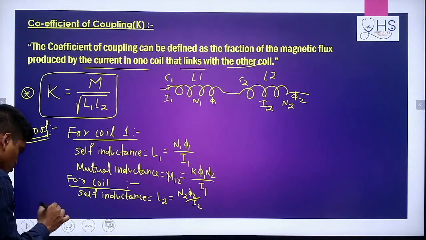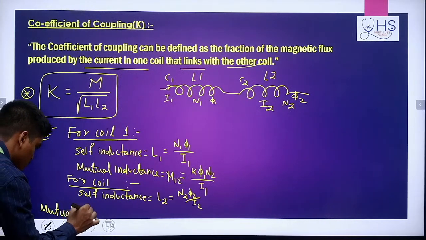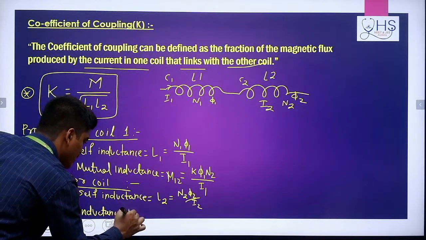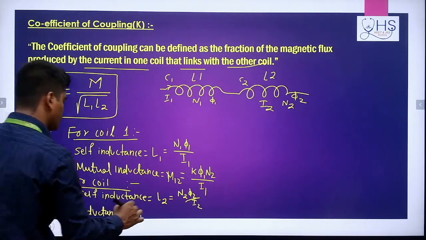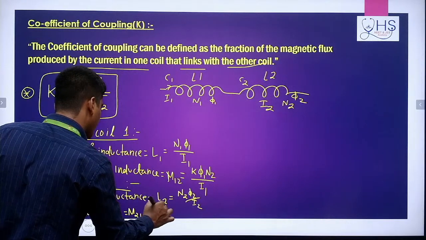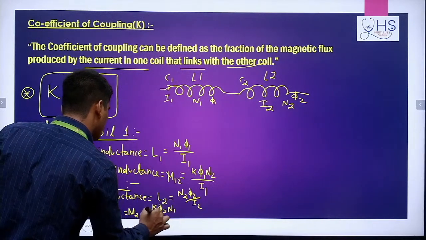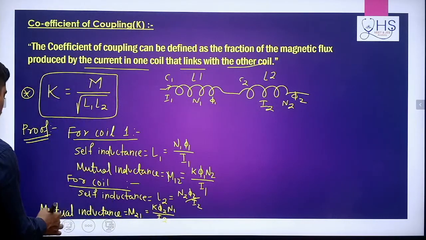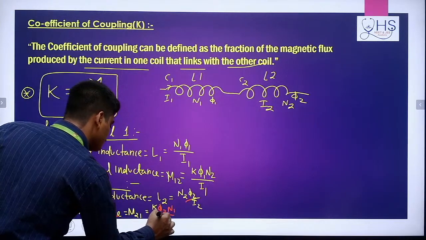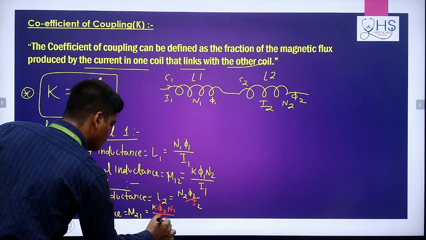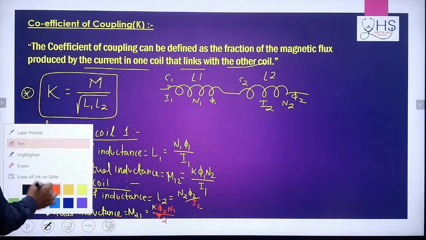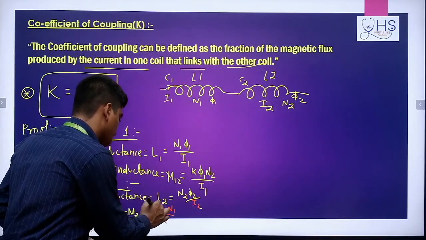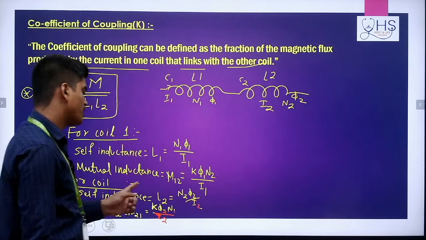And the mutual inductance, that is basically M21, which is nothing but K into, in a similar way, phi 2 into N1 divided by I2. So here it is K phi 2 N1 by I2.